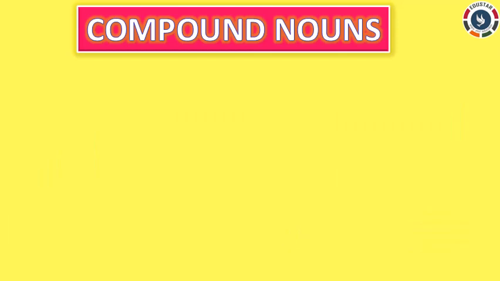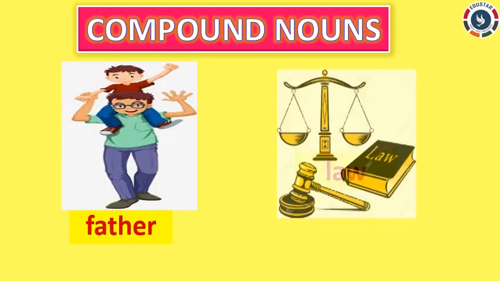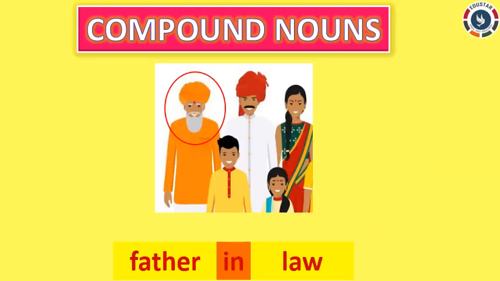For example, let us take two words, father and law. When we see these words separately, they have a different meaning. But when combined, we get father-in-law, which is a name of a relation. Hope you understand the meaning of compound words.